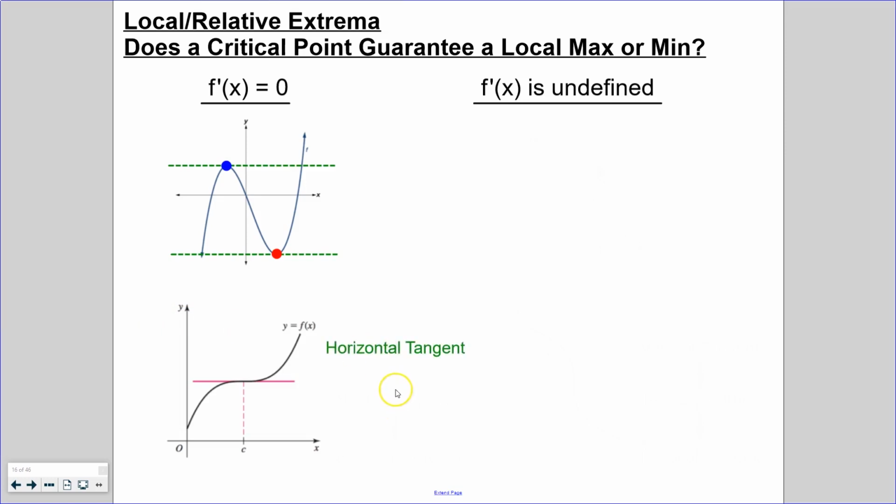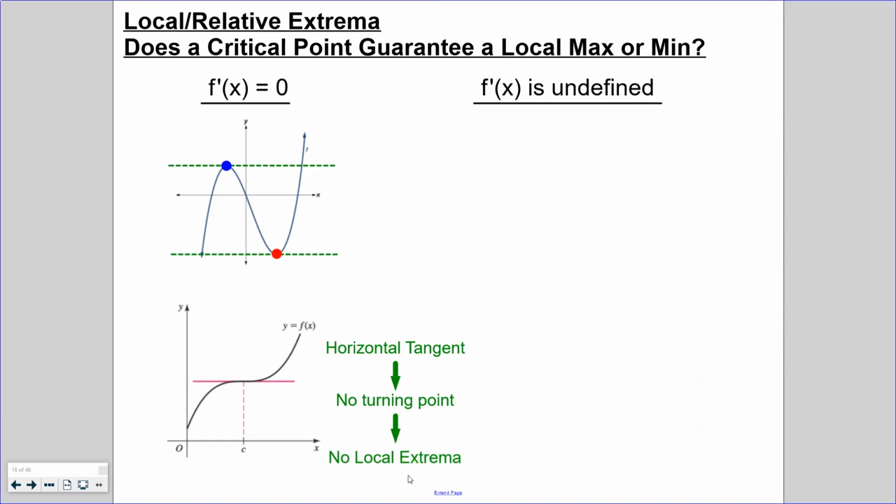So we do have the horizontal tangent, but there is no turning point here, which means there's no local extrema. So yes, when the derivative equals 0, we have a critical point, and that critical point can be a local max or min, but because we have this situation where we have a horizontal tangent line but no turning point, that's not always true.